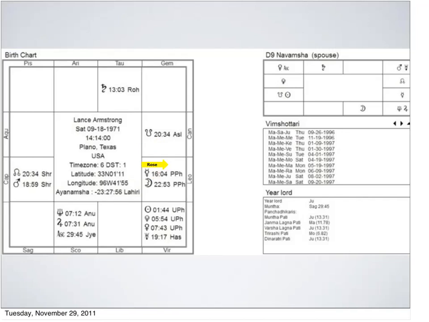The other planet is not necessarily a good planet for his chart because it rules the sign of Virgo.